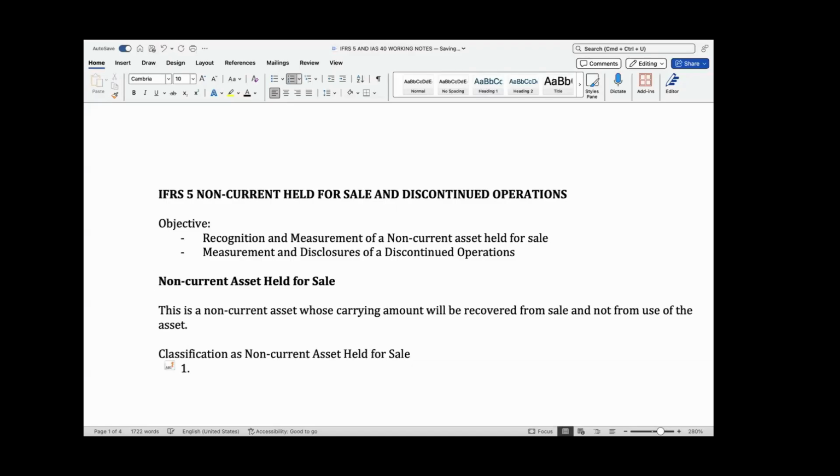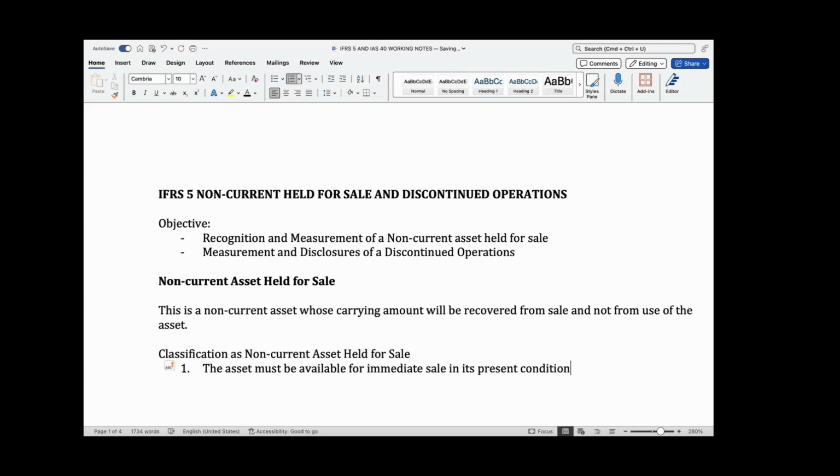Number one is that the asset must be available for immediate sale in its present condition.